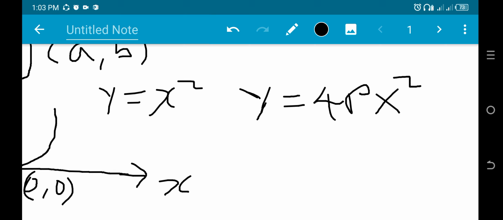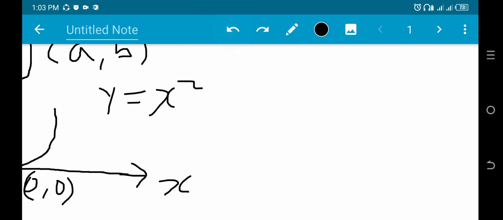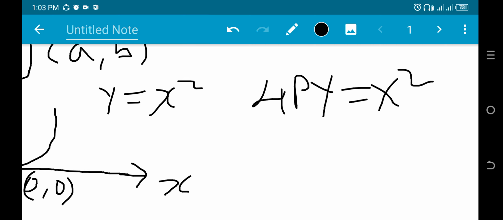So now we'll be having 4py equal to x squared. This is what we should have. Instead of having y equals x squared, we are going to have 4py equals what? x squared.